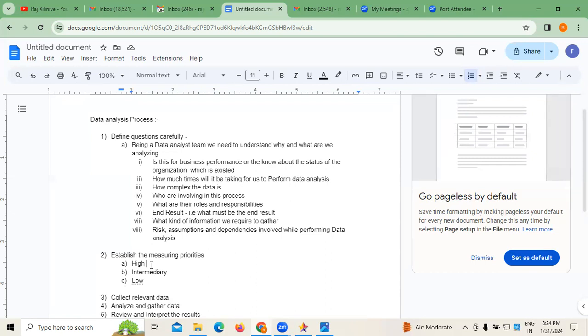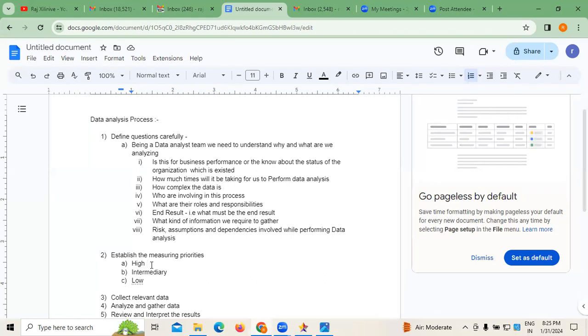Agreed, right? So in that context, whenever we are working on the priorities, these priority items will be categorized into three different parts. High priority data will be taken into the first category. Second will be intermediary priority, whatever priority in reference to the intermediary is concerned, right? That all comes under the intermediary priority.